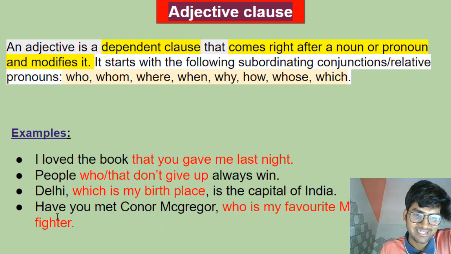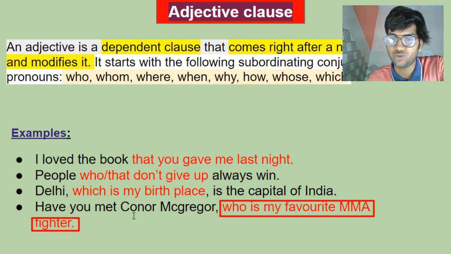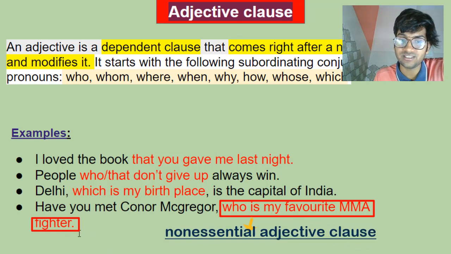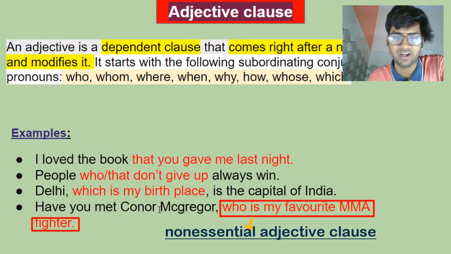Fourth example. Have you met Conor McGregor, who is my favorite MMA fighter? So "who is my favorite MMA fighter" is the adjective clause that's giving extra information about Conor McGregor, but this piece of information is extra, not needed, non-essential, right? Non-defining.